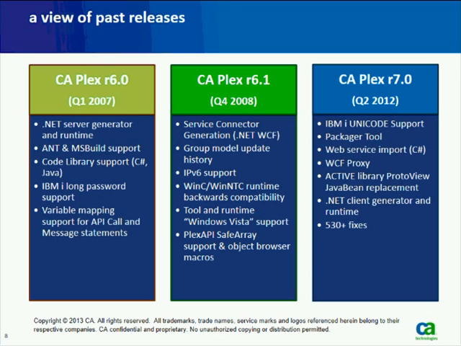And again, talking to this backwards compatibility standpoint, we've really tried to make sure that our last runtime that was not really backwards compatible, we tried to come up with a strategy to make sure that you could take the new release of Plex 6.1 and run it over a Plex 6.0 application. And our WinC and WinNTC runtime was really the last one that was not properly backwards compatible.